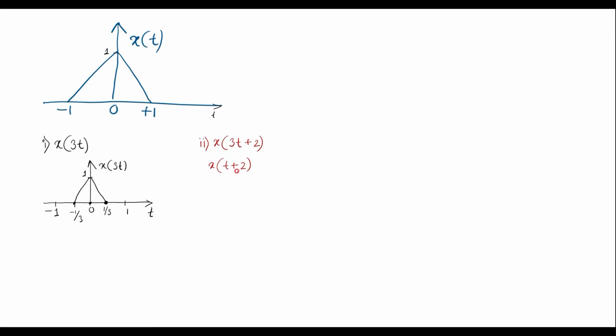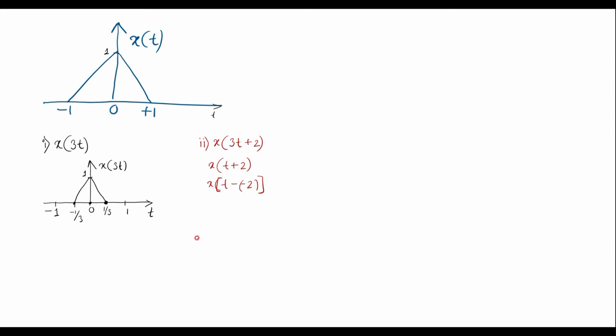So x of t plus 2 can be represented as x of t minus of minus 2. X of t plus 2 is obtained by shifting x of t towards left by 2 units, because here t naught value is less than 0. Therefore x of t will be shifted towards left.